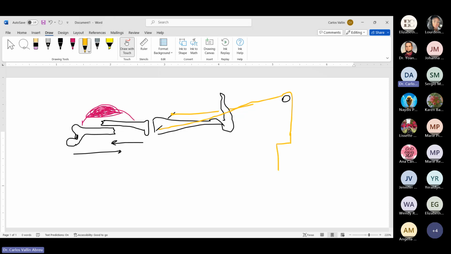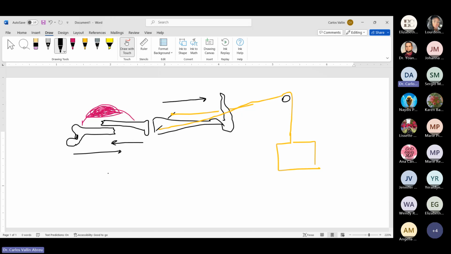This traction is going to pull the extremity in this direction.